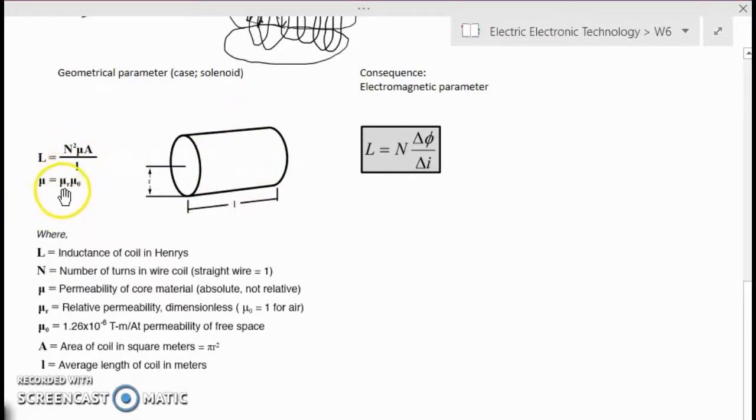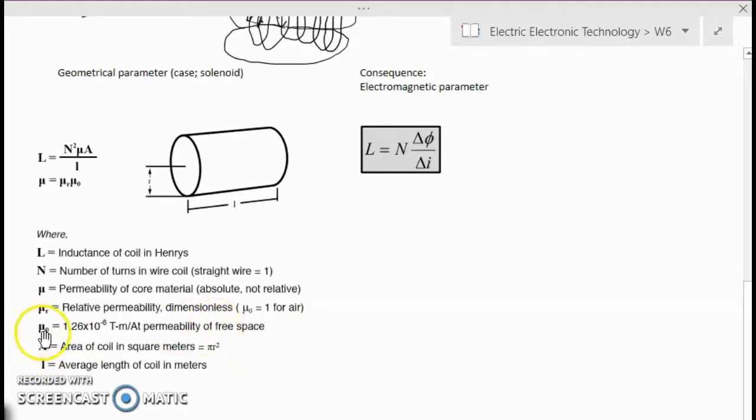Mu is basically mu R multiplied by mu 0, where mu R is the relative permeability and mu 0 is the permeability of free space. So what is permeability? I'll let you Google what permeability is for more explanation. Permeability basically explains how much a material conducts magnetic flux.